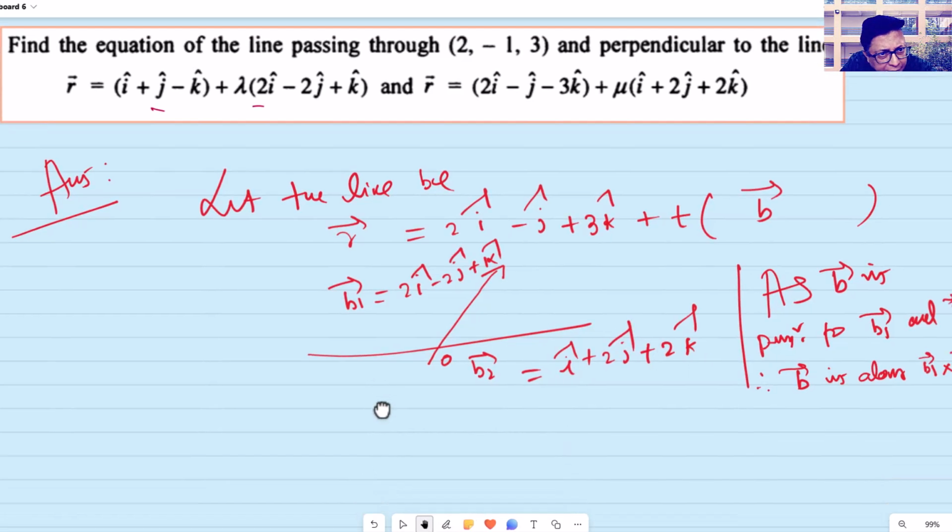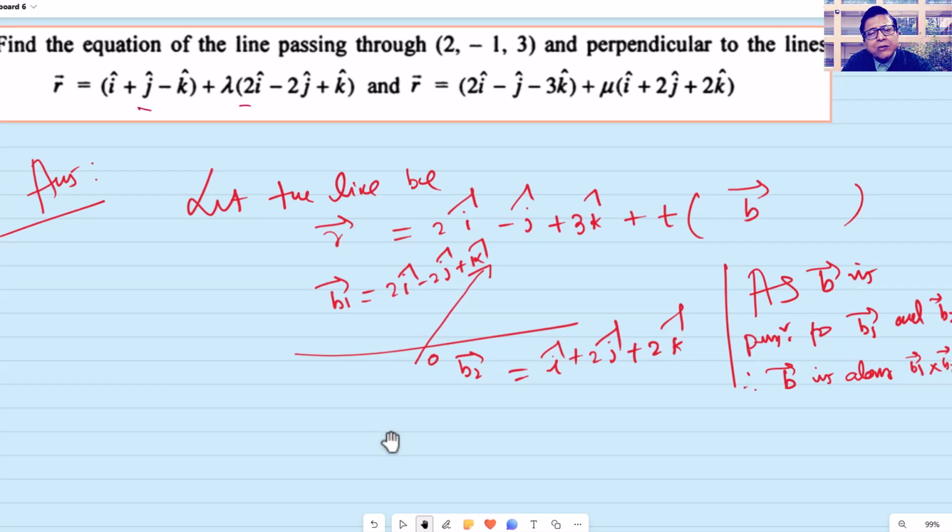Cross product, you have done. If a vector is perpendicular to two vectors, it will be perpendicular to the plane containing them. It is along their cross product. This is done in cross product. So b is along b1 cross b2. You just find b1 cross b2. b1 cross b2 is what? i, j, k, 1, 2, 2.